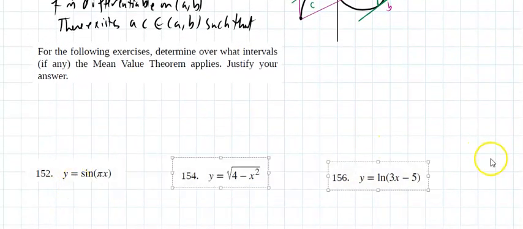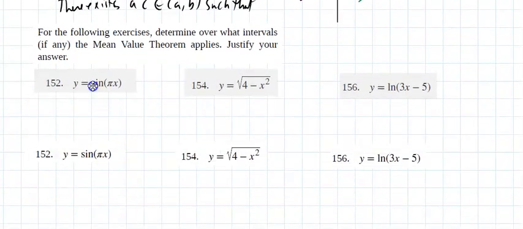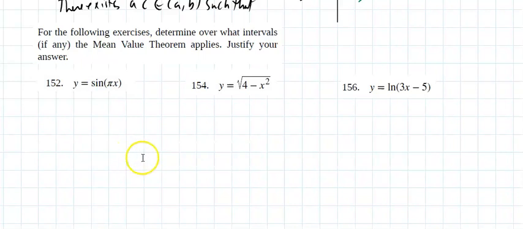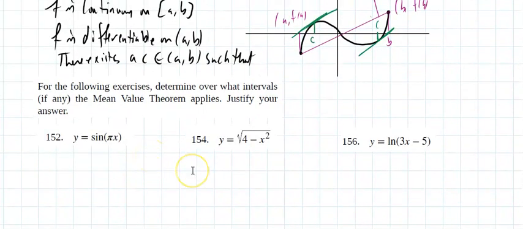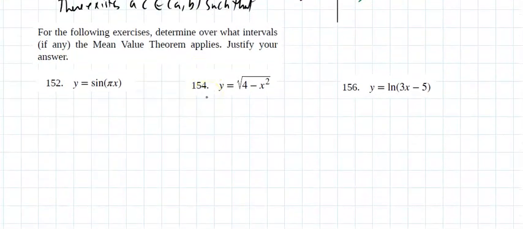So first, they want to make sure you understand where does the theorem apply and where does it not apply. They say for the following exercises, determine over what interval, if any, does the mean value apply. So how would the mean value apply if f is continuous and f is differentiable? So if I look at this graph right here, I know the sine is continuous everywhere, right? So f is continuous everywhere.